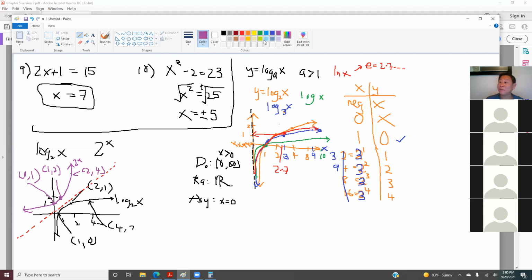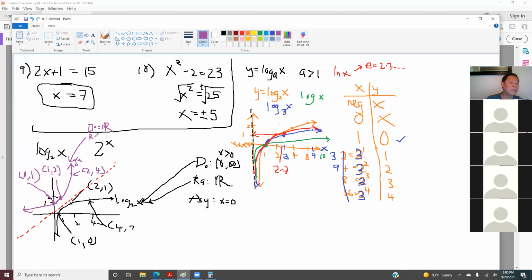If you remember this from my first task, if you look at this, the domain in this case, which we just did here, is 0 to infinity. The range in this case is all real numbers. But if you look at the purple one, your domain in this case is all real numbers, which I told you for all exponents is all real numbers.